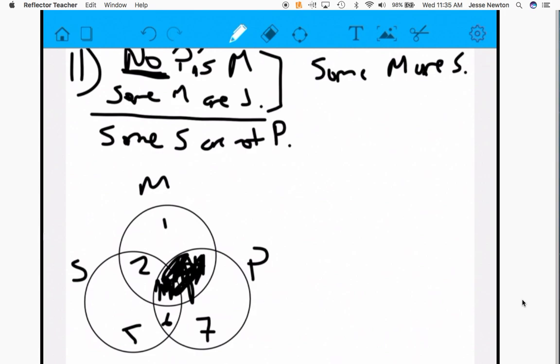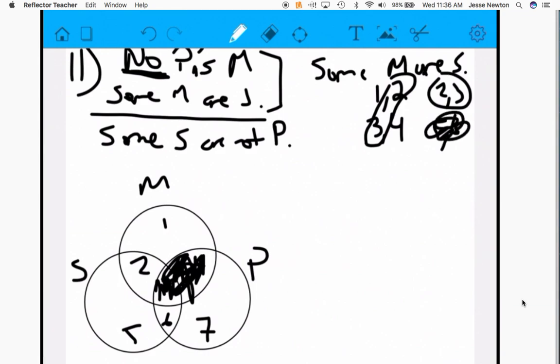So hopefully you got that. M is 1, 2, 3, 4, and S is 2, 3, 5, 6. And we circle the regions of overlap, which is going to be 2 and 3. We scribbled that out. And we're saying it is in 2 and 3.